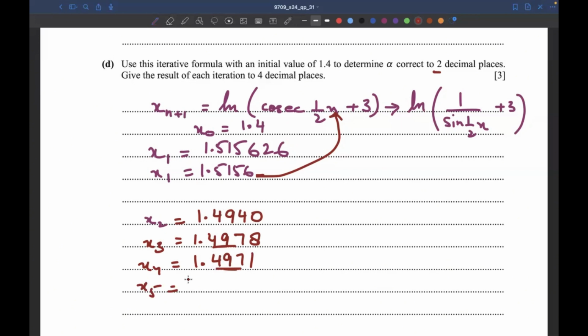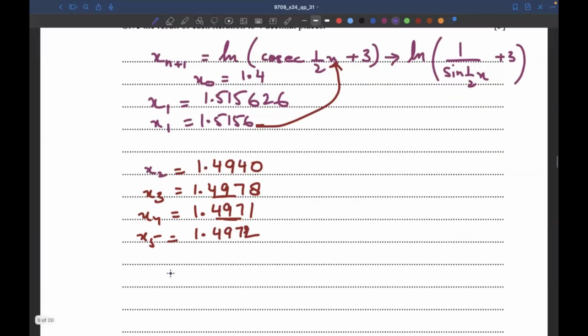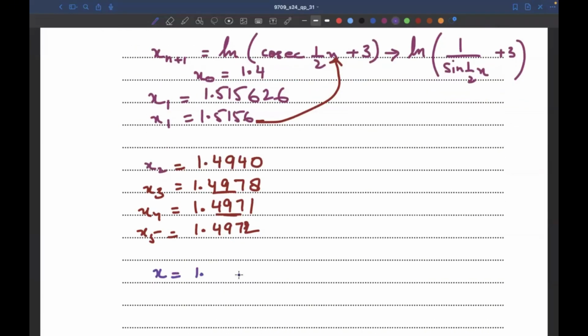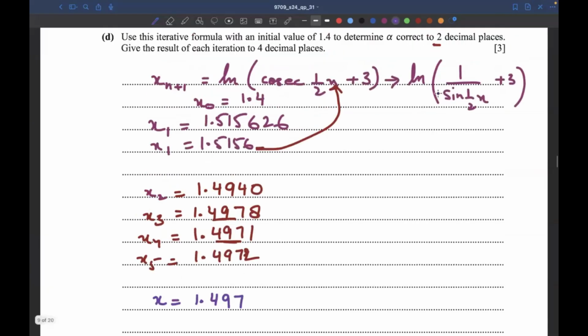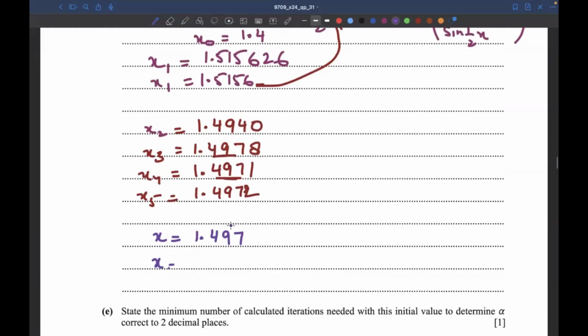Sine of this answer divided by 2, 1 divided by answer, and then plus 3, and taking ln of the answer, I am again getting 1.4972, which means now I can say that the final answer will be 1.497. And as we have to give it to two decimal places, the final answer will be 1.50.